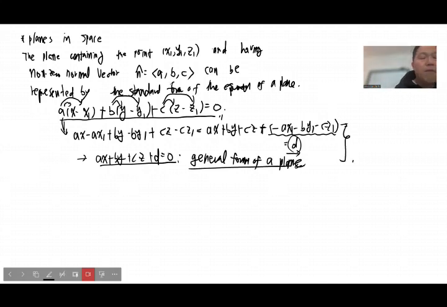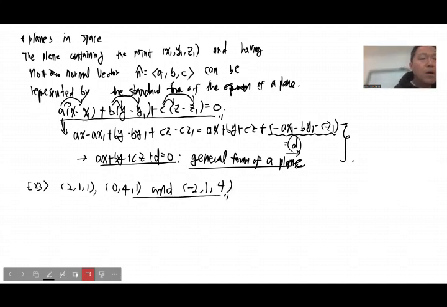Let's check how this definition of the plane is expressed with an example problem. So example problem number 3. We have to find the general equation of the plane passing through the points (2, 1, 1), (0, 4, 1), and (-2, 1, 4).